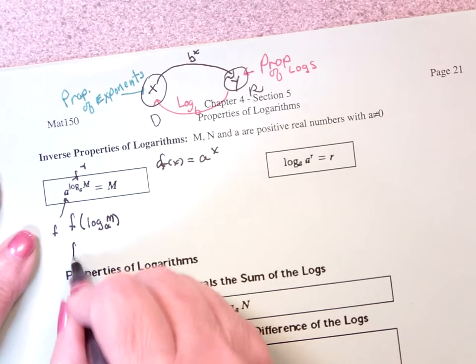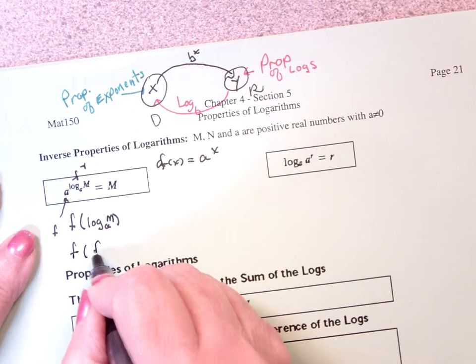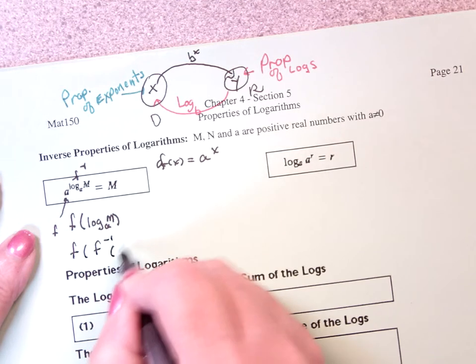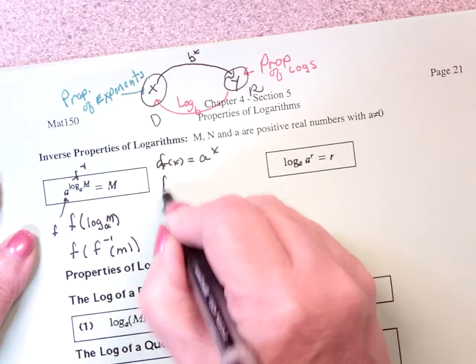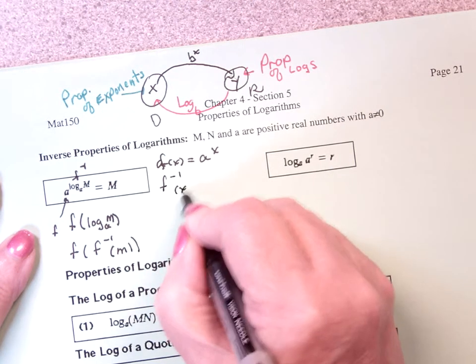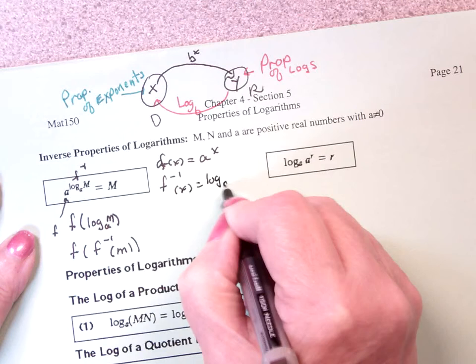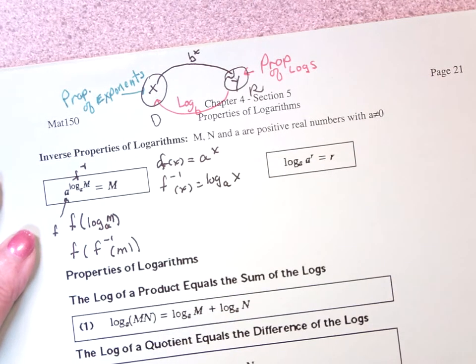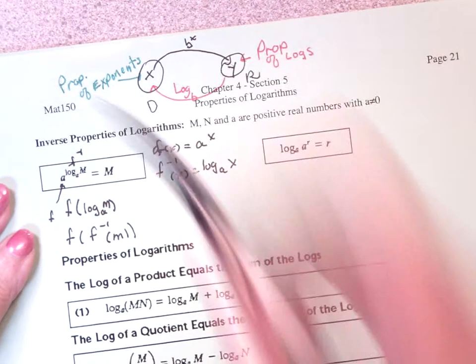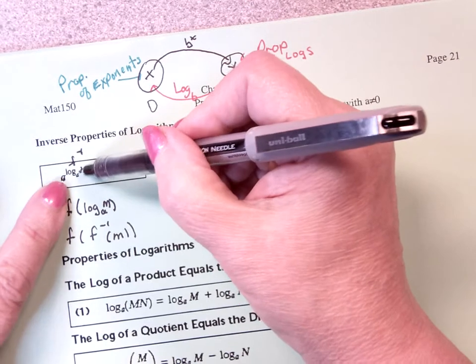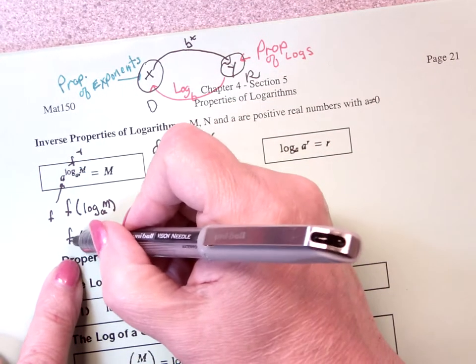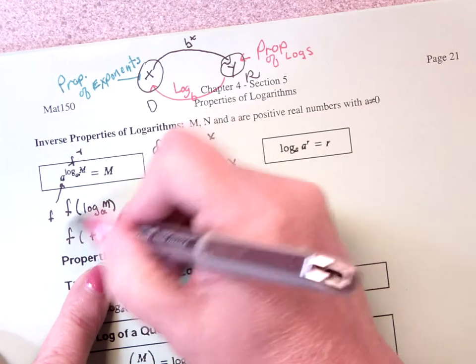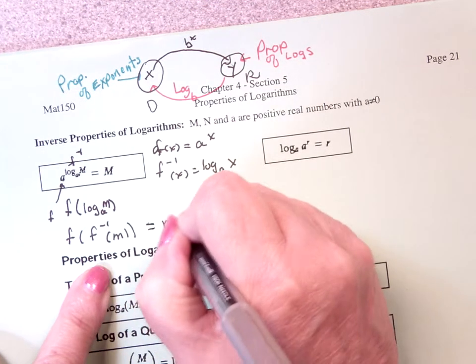So what this really is f of f inverse of m, in this particular case because the letter is m, and the inverse function is going to be log base a of x. So into the regular function I'm going to stuff the inverse, and we know what happens is the inverse and the regular function take each other out, and what you're left with is m.